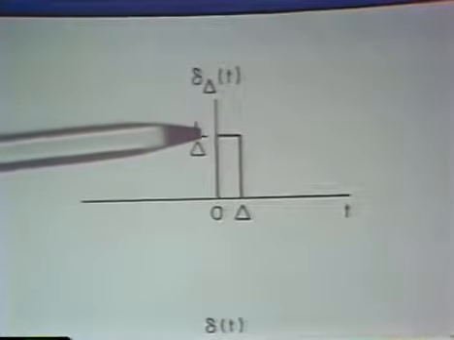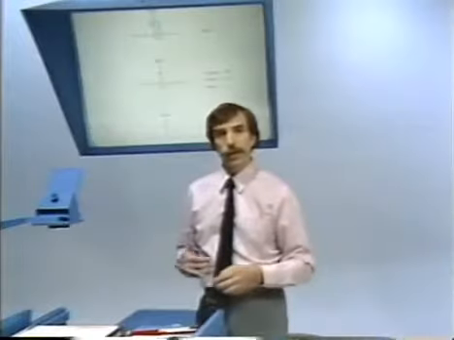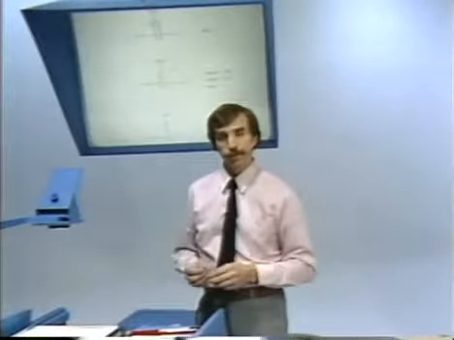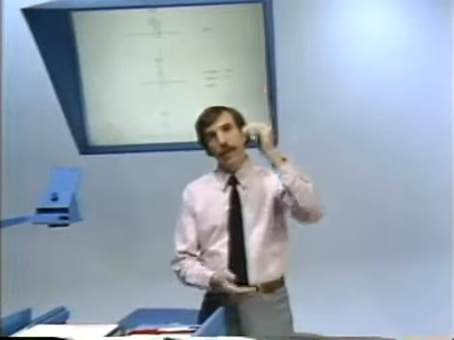And observe that no matter what the value of delta is, the area is always equal to 1. Now, as we let delta go to 0, what happens is that the width of the rectangle gets smaller, the height of the rectangle gets bigger, the area still remains 1. As delta goes to 0, of course, the width goes to 0, and the height goes to infinity.